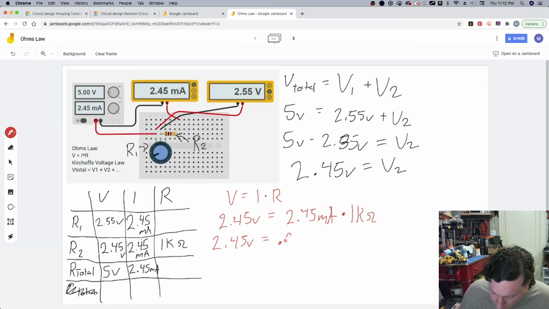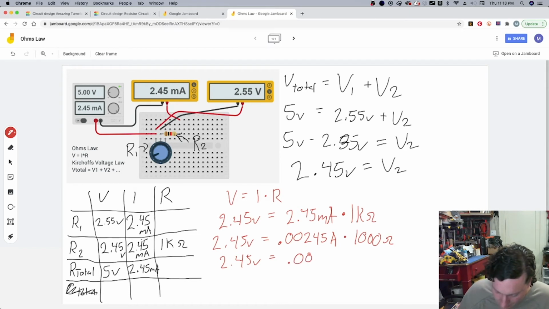So that is 0.00245 amps times 1,000 ohms. And when we actually run the numbers, it kind of cancels out.